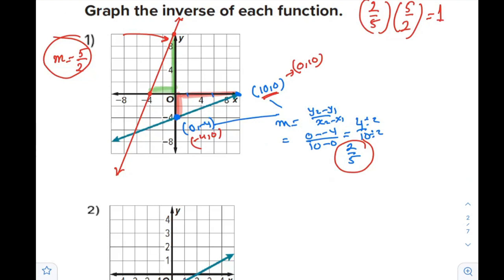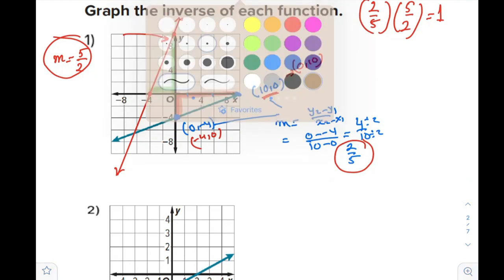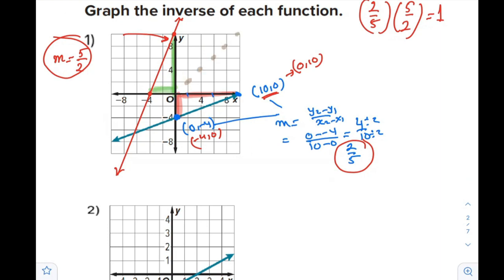Now, also if you look carefully here and draw the line y equals x, which is the identity, the parent function of all linear functions, this is the y equals x line. And as you see here, each function is the reflection of its inverse, or vice versa, across y equals x.